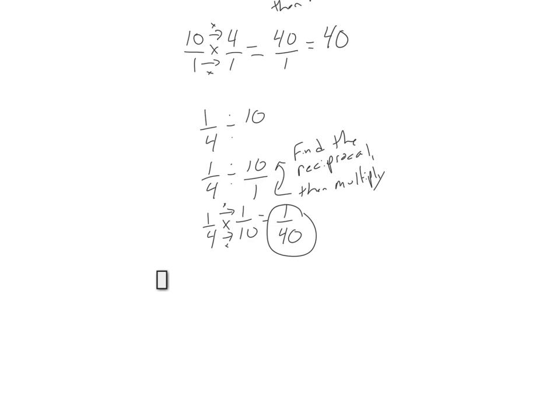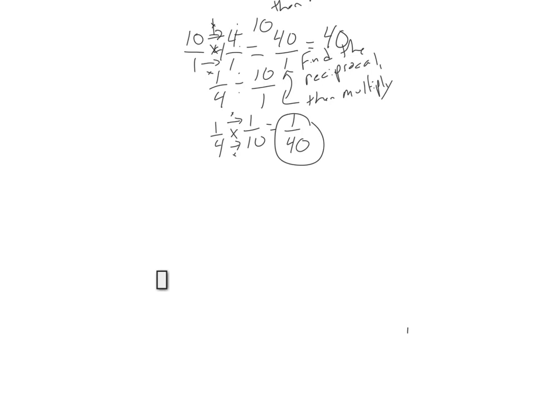Another way to think about this is, if I have a whole number first, if my whole number is the dividend and my fraction is my divisor, then my quotient is going to be bigger or greater than both my dividend and my divisor.